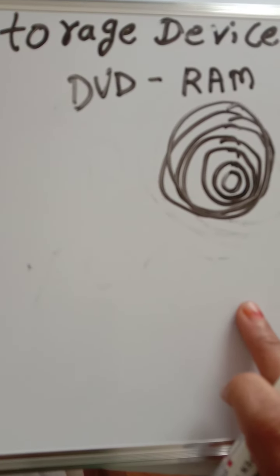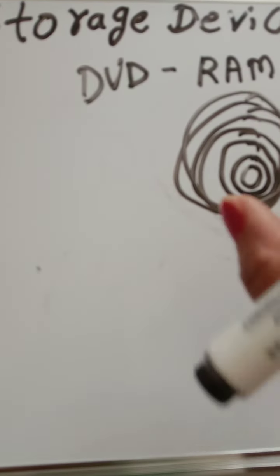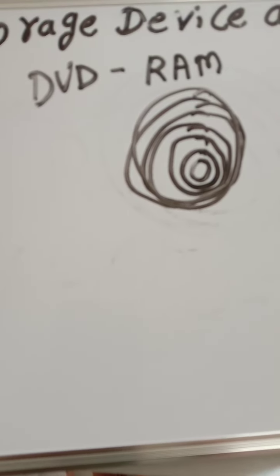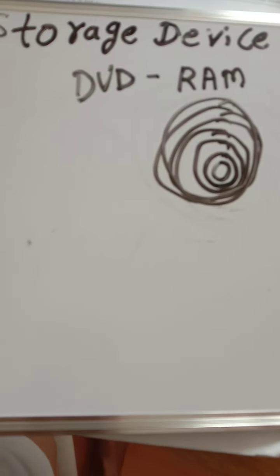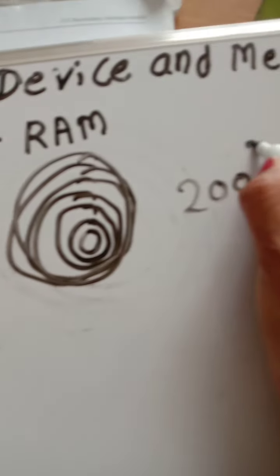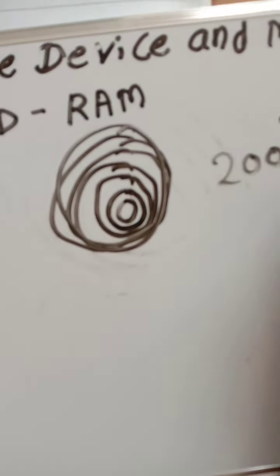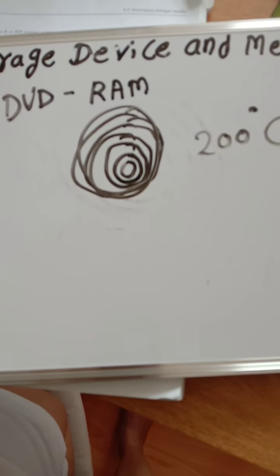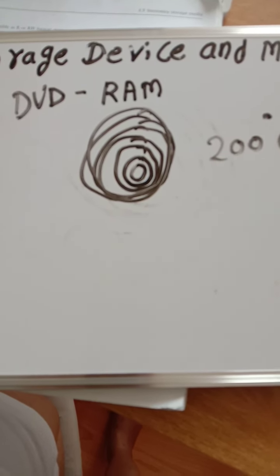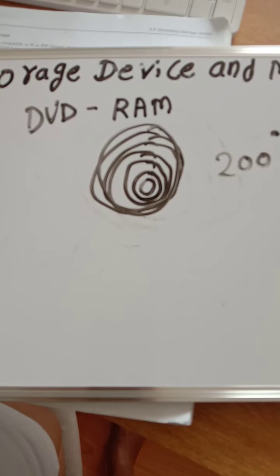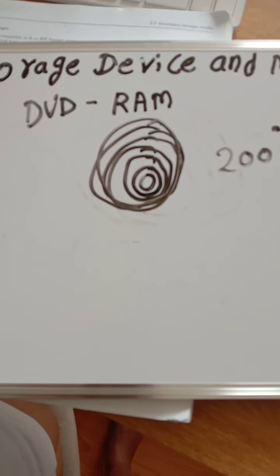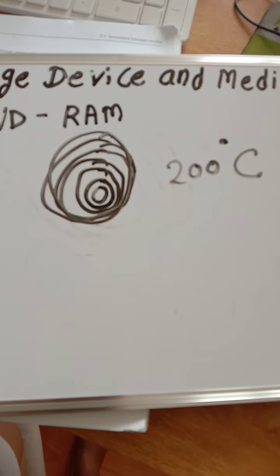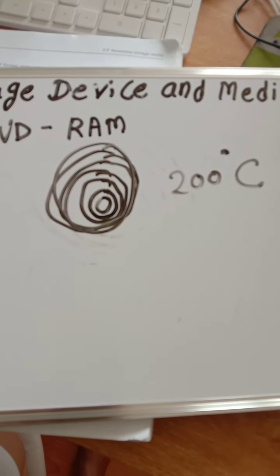If the disk needs to be erased, a laser hits the surface at about 200 degrees Celsius to return the disk to its original shiny state. A low power laser is used to read the written marks on the surface. The shiny and dull marks represent data to a computer, where they are interpreted.